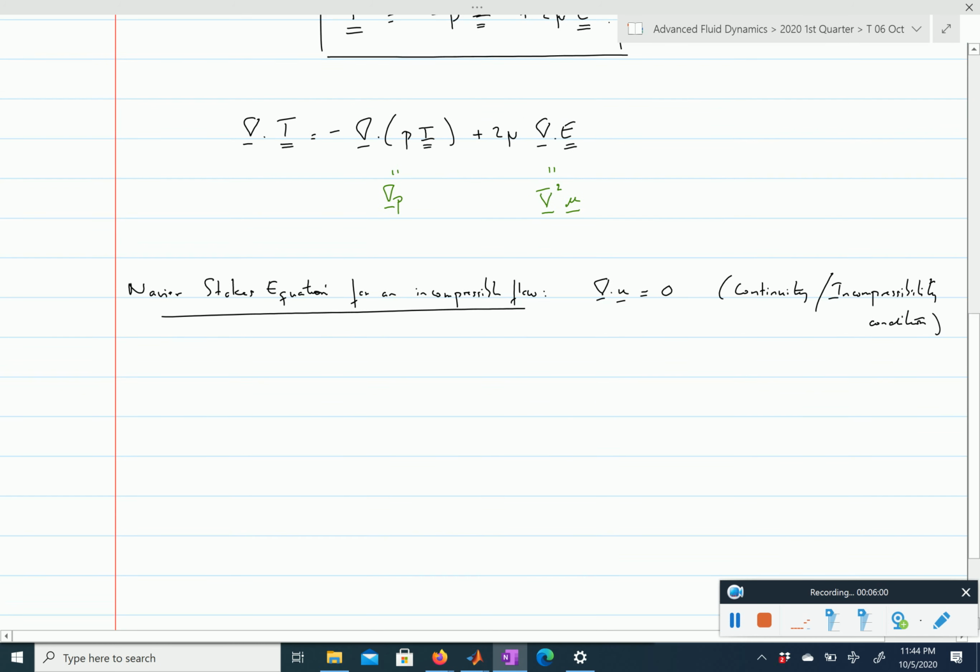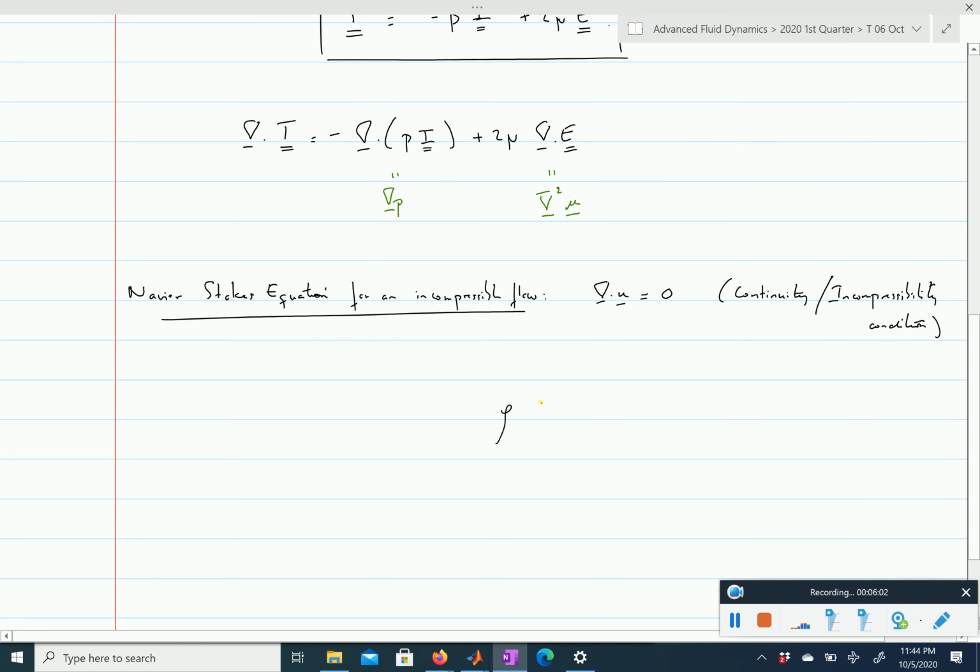And the momentum equation we can write as rho times the material derivative of u, which in Cartesian coordinates I will write as partial u partial t plus u dot grad u, equal to minus the gradient of P plus the dynamic viscosity times the Laplacian of u plus body forces f.